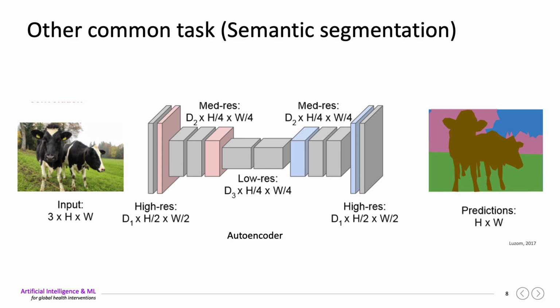The decoder then upsamples symmetrically back to high resolution, producing dense predictions at H by W. The result, shown on the right, is a segmentation map, where each pixel of the cow, sky, and grass is colored by its predicted class. This encoder-decoder pattern is the foundation for the biomedical segmentation networks we will see later.